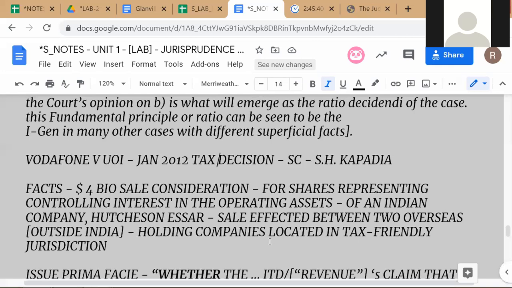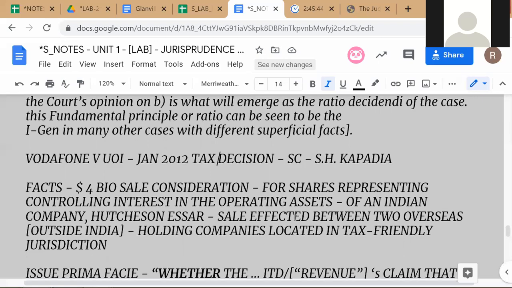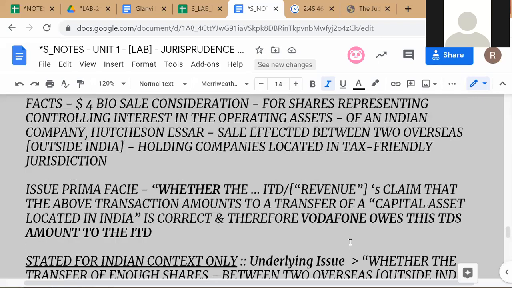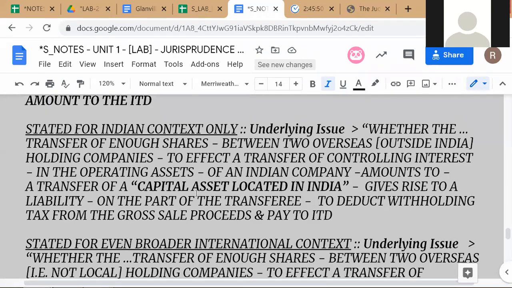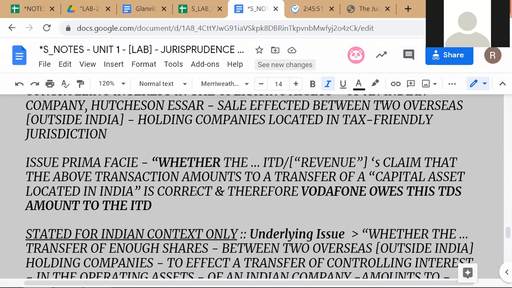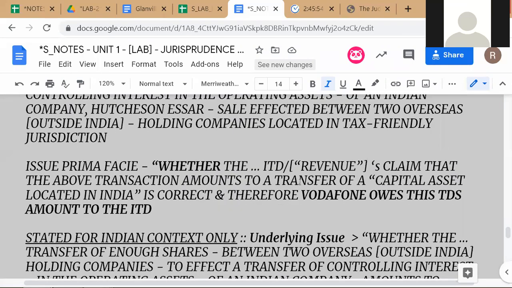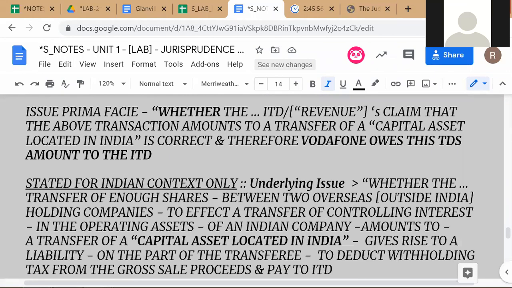So what he did was look at this transaction and say that this is not a transfer of a capital asset located in India, because the assets that were transferred were actually shares held by two overseas holding companies. These two overseas holding companies are transferring shares between themselves. How can it be?